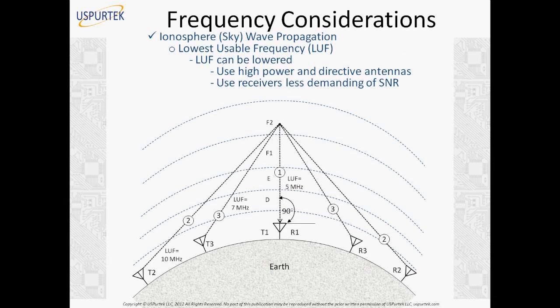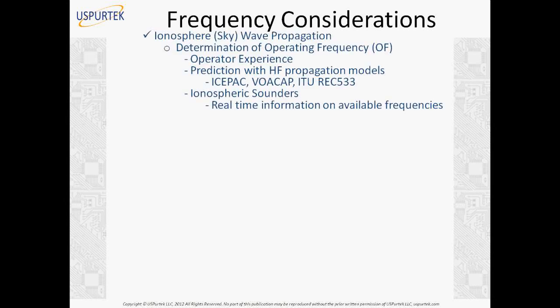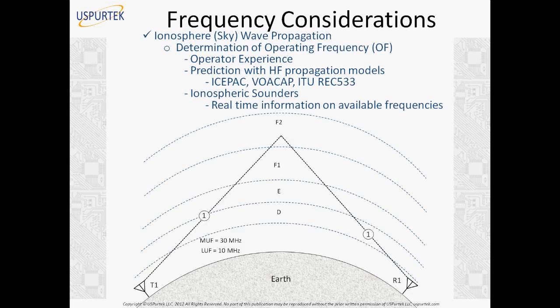Now LUF can be further lowered by using high power and directive antennas, or by using receivers which are less demanding of signal to noise ratio. But again, an operator needs to know about the operating frequency. Operating frequency in this case has to be somewhere in between the LUF and the MUF. So this comes through experience. Someone who has been operating in this 3 to 30 megahertz band for a long time will know, okay, for my location between two stations, this is my optimum frequency between the LUF and MUF.